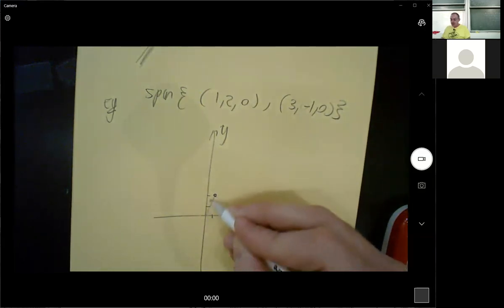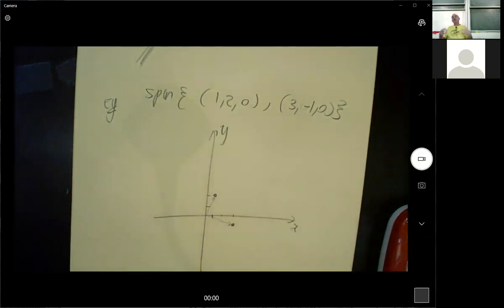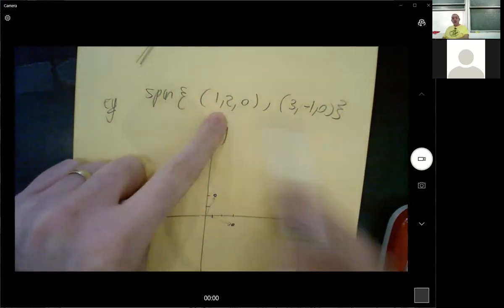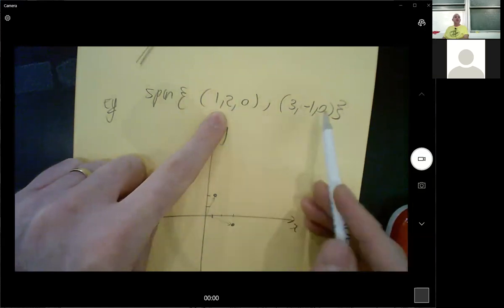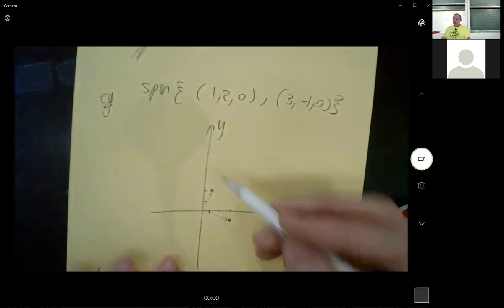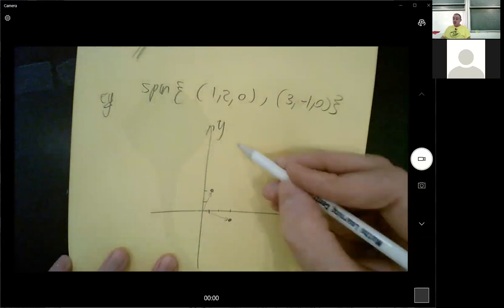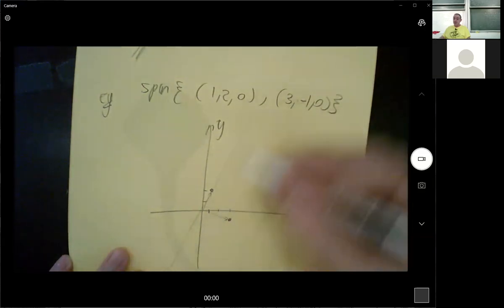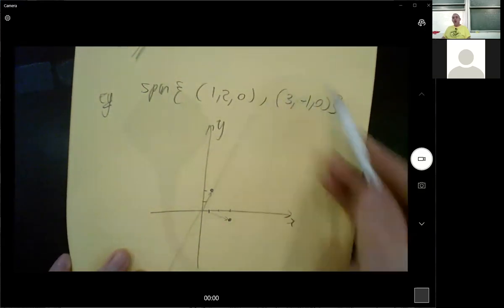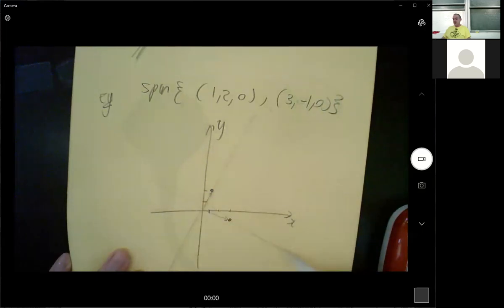And I can imagine that there's arrows here because I'm just about to do addition and scalar multiplication. So the span would be all the things that are made of the addition of these two things or the multiplication of those two things. If I do all the scalar multiples of this one, I'm going to get this line. And if I do all the scalar multiples of this one, I'm going to get this line.